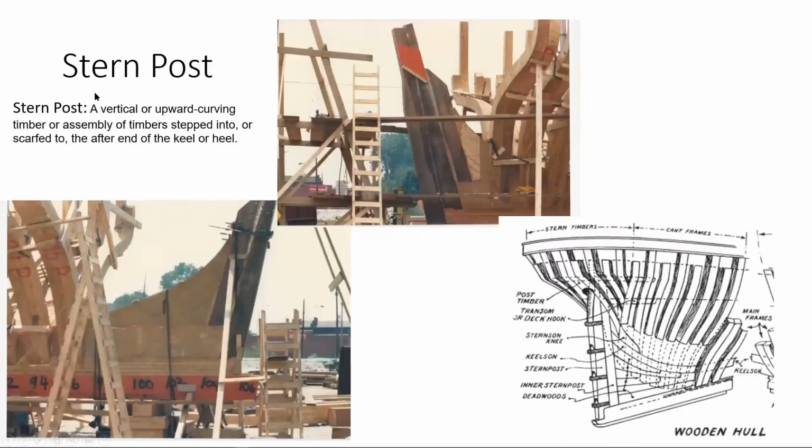Then on the other end of the ship, we have the stern, the transom. We're talking about the stern post. This again is another vertical upward curving timber that the transom is built off of.